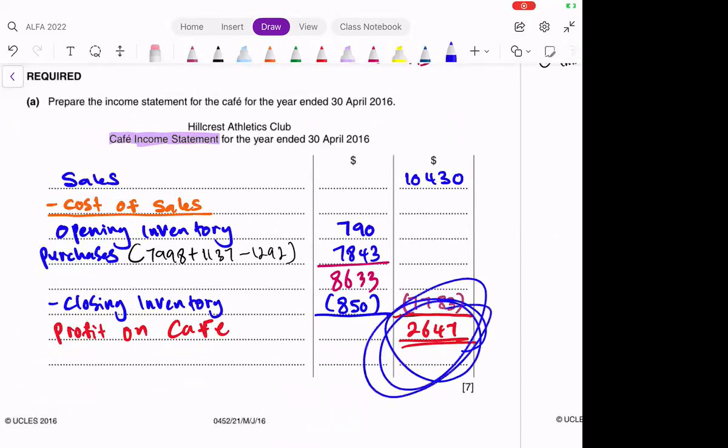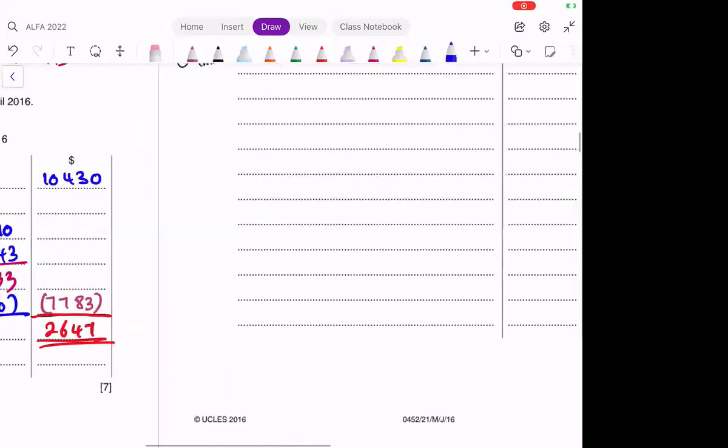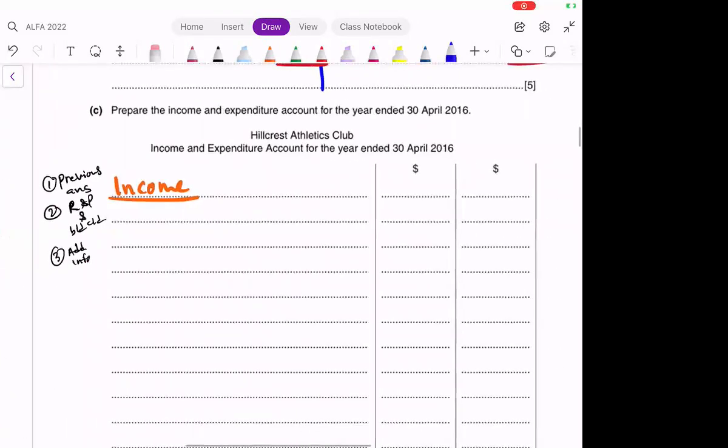Yes. Profit on cafe 2647. That's your income. You write here profit on cafe, or you can write cafe profit also.